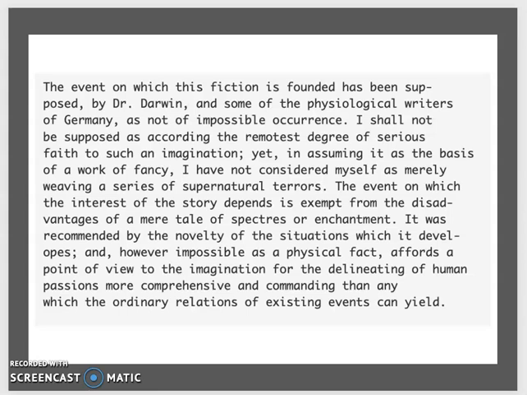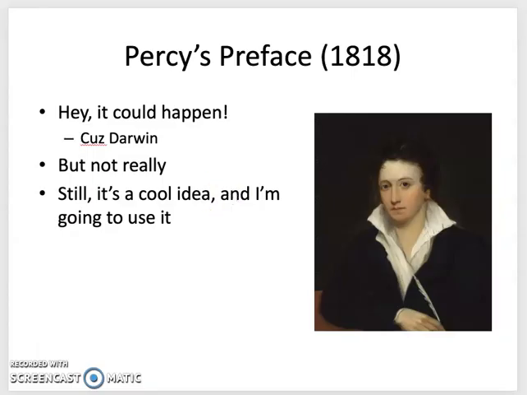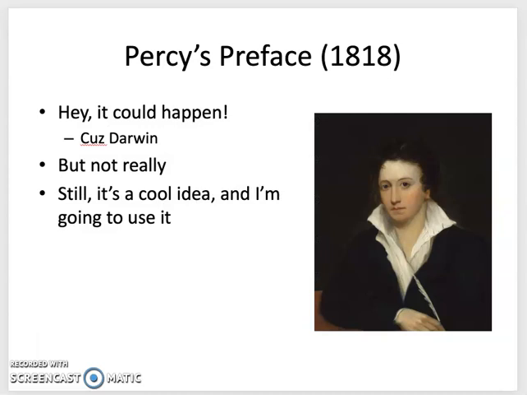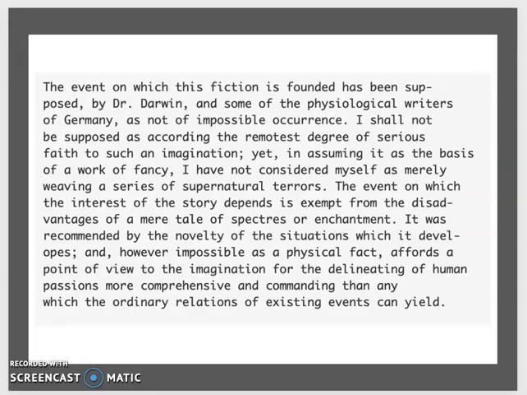So that's not going to happen, right? So it could happen, not really, but we're going to have fun with it. "Yet in assuming it as the basis of a work of fancy." So it's still a really cool idea, and I'm going to go ahead and use it. All right.